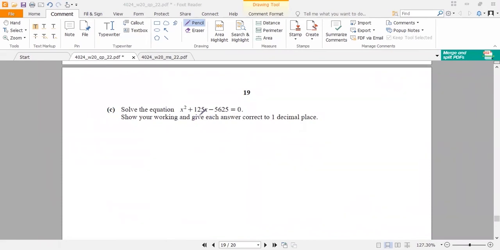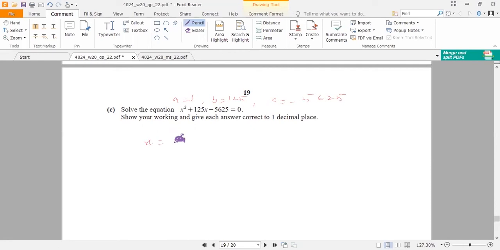We need to solve this equation, show your working and give each answer to correct one decimal place. For this we can apply the quadratic formula. Here a is equal to 1, b is equal to 125 and c is equal to minus 5625.